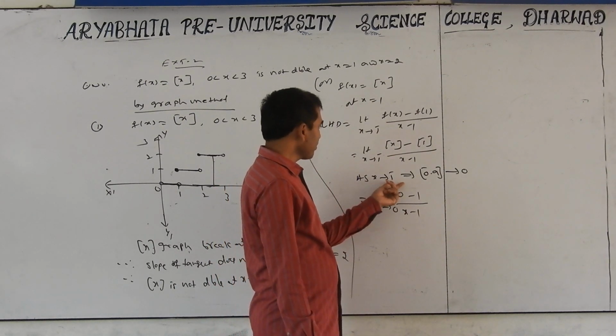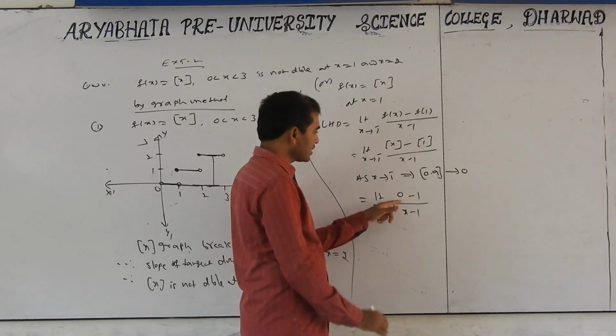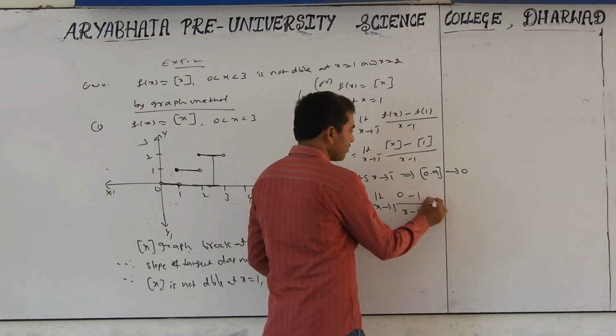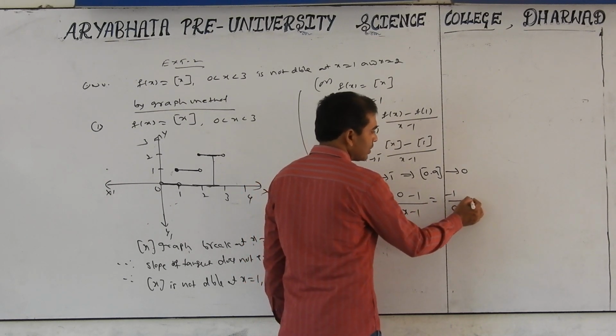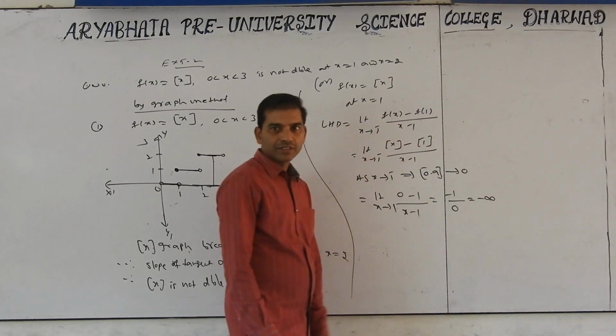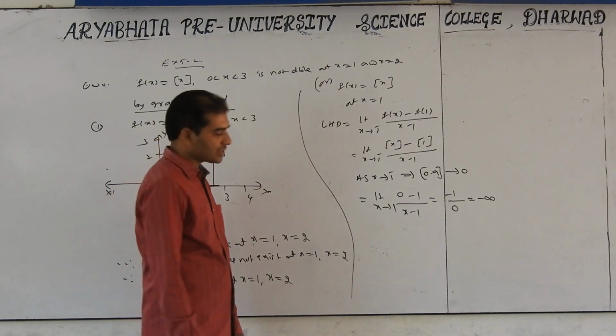As x tends to 1 minus, x minus 1 tends to 0. Put x equal to 1: 0 minus 1 by 1 minus 1, that is minus 1 by 0, minus infinite. Minus infinite does not exist. Left derivative does not exist.